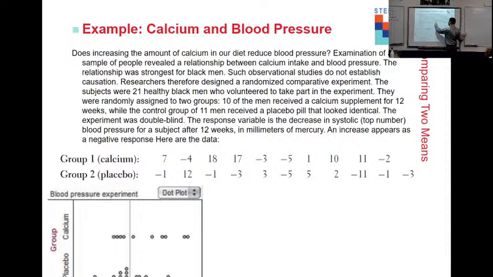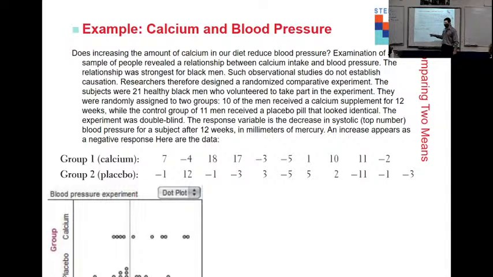And let's see, the response variable is the decrease in blood pressure. So how much did it decrease by? We wanted to reduce the blood pressure. We want it to decrease by more in the calcium group than it does in the placebo group.